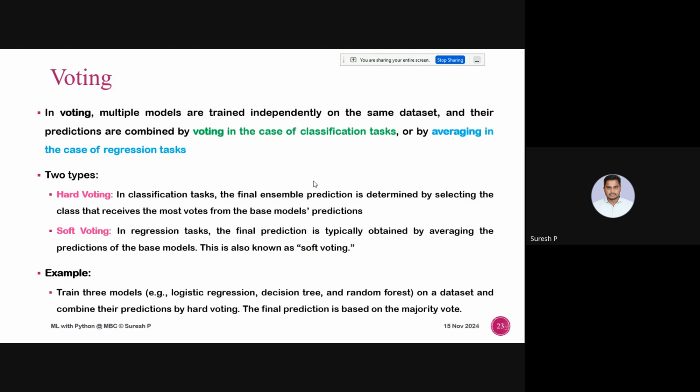In soft voting, which happens particularly in regression tasks, the final prediction is typically obtained by averaging the predictions of the base models. This is also known as soft voting. For example, train three models such as logistic regression, decision tree, and random forest on a data set, and combine their predictions by hard voting. The final prediction is based on the majority vote.